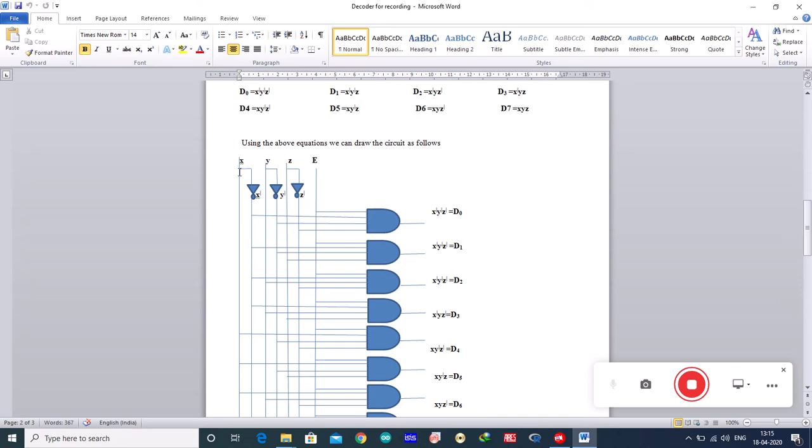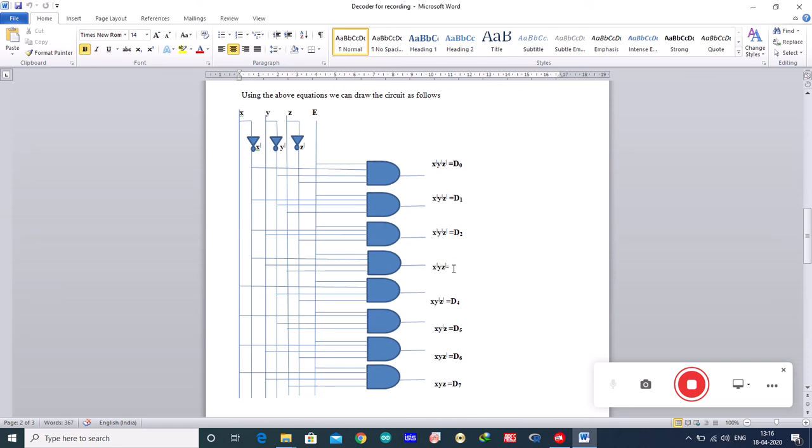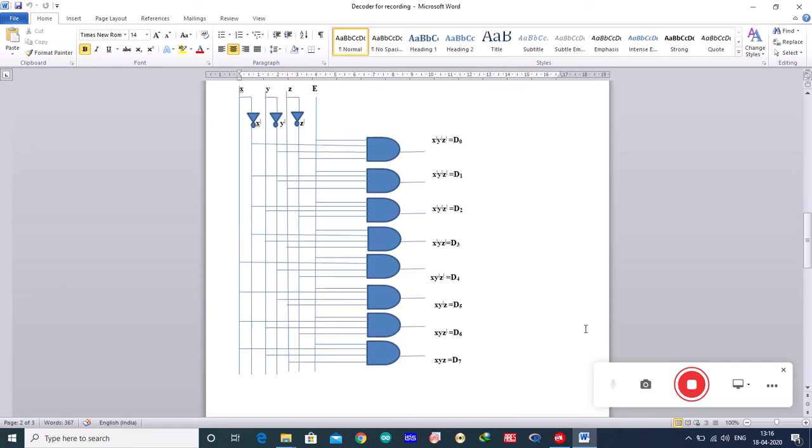So for x I also have one more input, that is the complement of the input, x bar, y bar and z bar, like this. So D0 is x bar, y bar, z bar. Means all the 3 complemented inputs are ANDed together to get D0. This way you can construct the entire circuit. This is how the circuit looks finally.